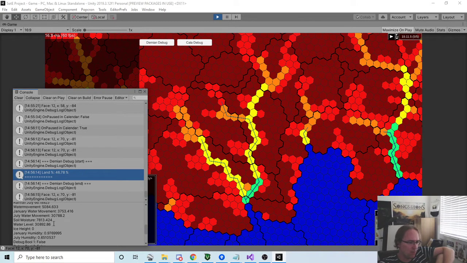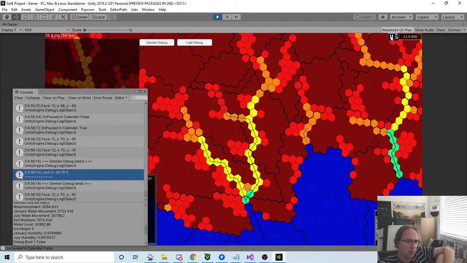Soil moisture. Okay. All right. So it looks like the wet season just ended. We built up extra soil moisture. Now we should expect that it would go away as we go into the dry season.